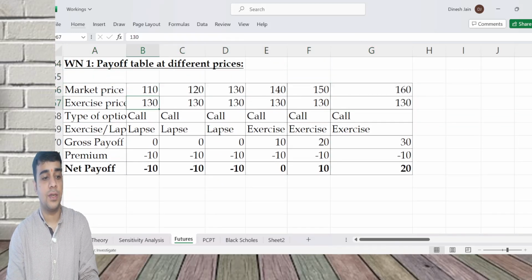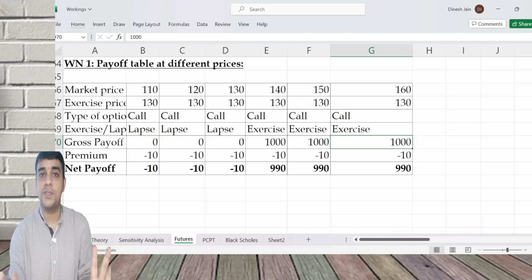Market price changing, exercise price is this. Lapse 0, exercise 1000, a fixed amount. That's all. The moment you say exercise, you'll be paying a fixed 1000 rupees, whatever are the terms of the agreement. This is called a binary option.